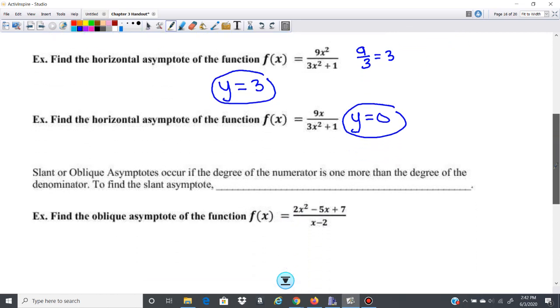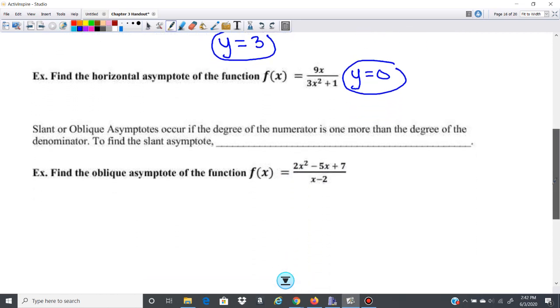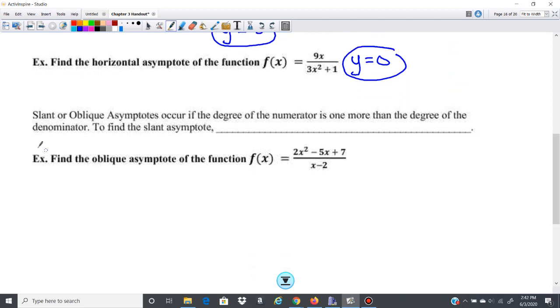So for the slant asymptote, what you're going to do is you're just going to divide, using synthetic division. In this example here, if I want to find the oblique or slant asymptote, I'm going to divide this.